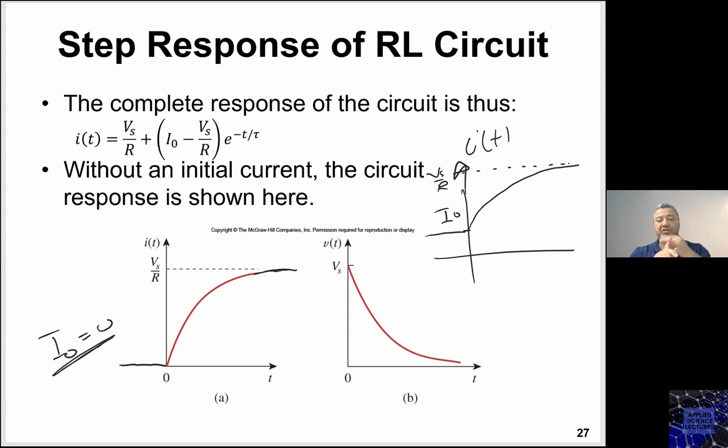So the discharge is exponential, the charge is exponential for the capacitor. Same thing for the inductor. A current will decay exponentially in an inductor in a source free RL circuit, or the current is going to increase exponentially in a step response RL circuit.